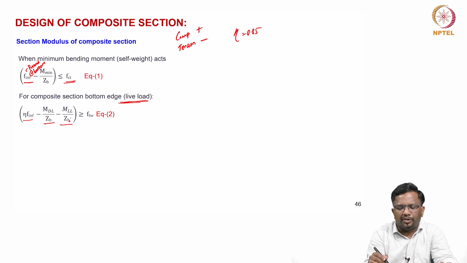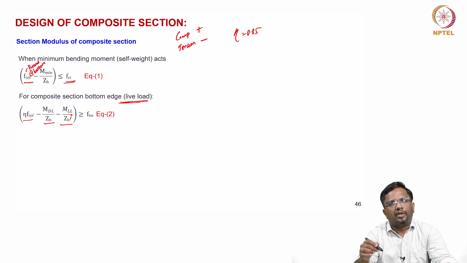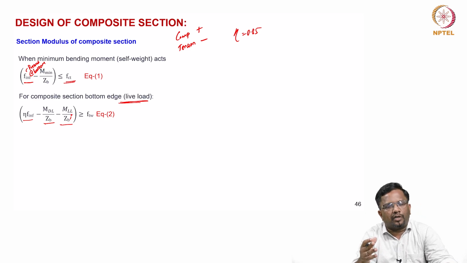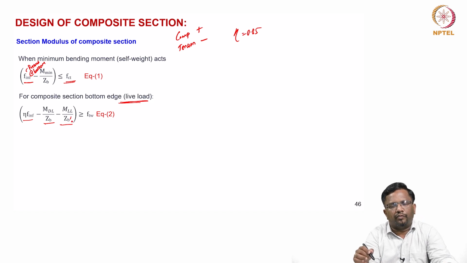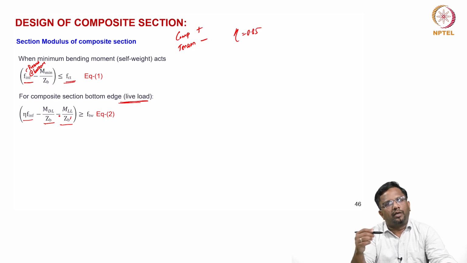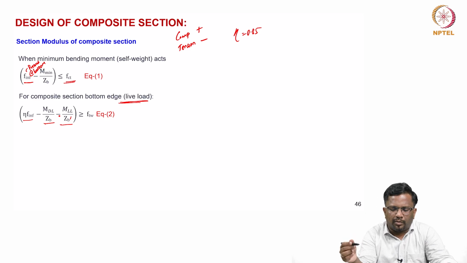Now what are ZB and ZB bar? Whenever the bar is included, that is the section modulus for the composite section. As we've seen, dead load is resisted only by the precast, but the live load will be resisted by the composite section. Because of this, at the bottom, when both live load and dead load are acting, this can become negative.